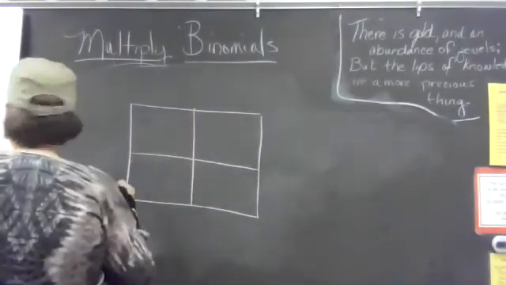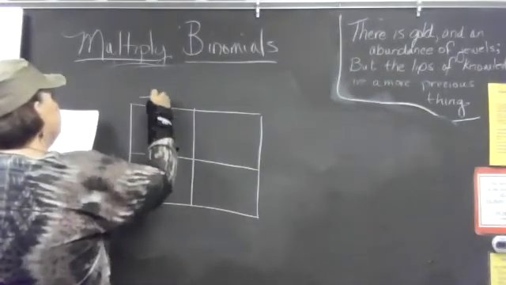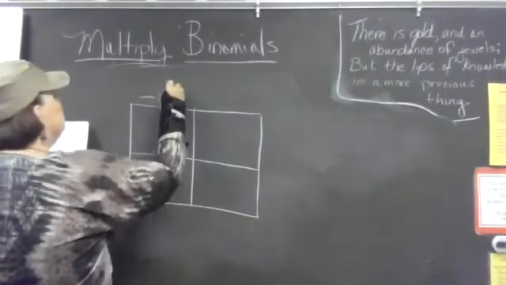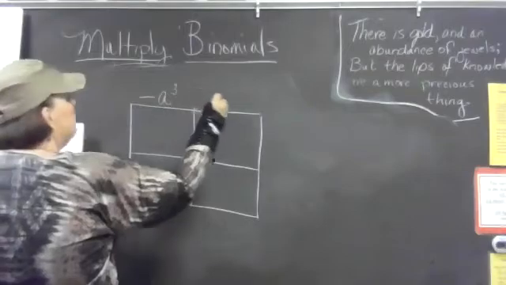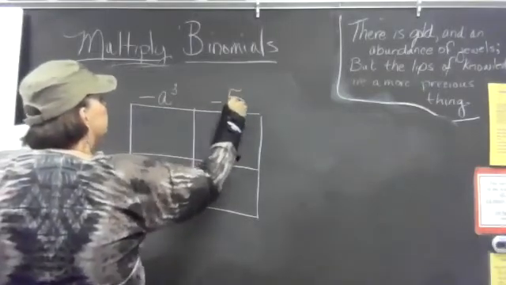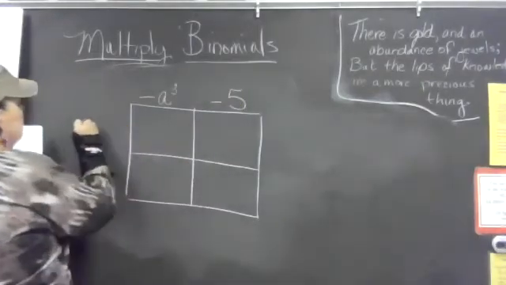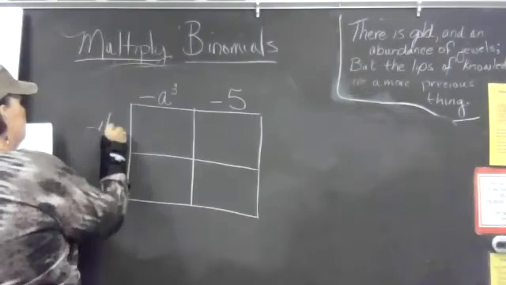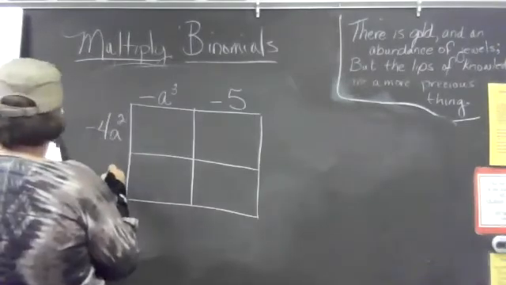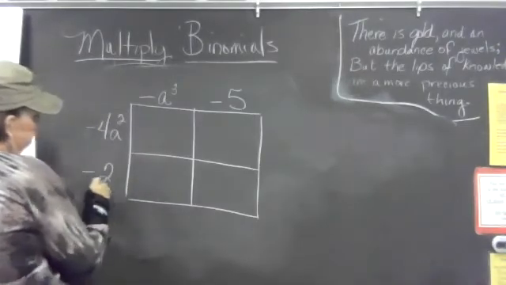This time, I have a negative a cubed minus 5, negative 4a squared minus 2.